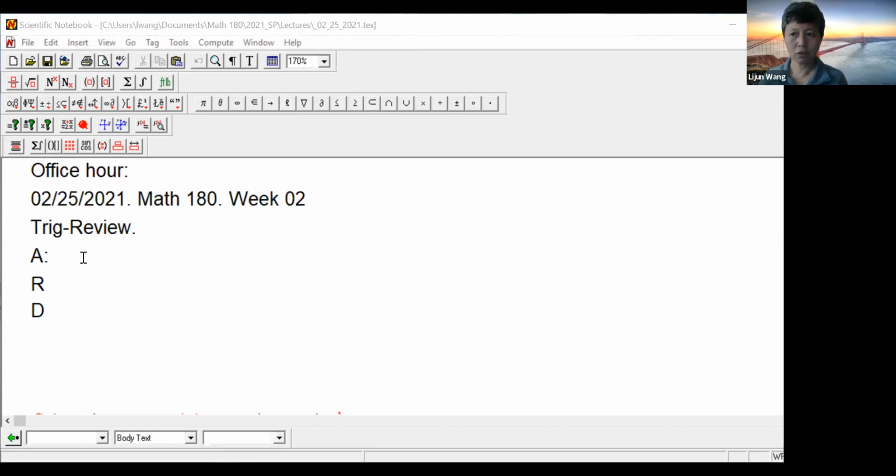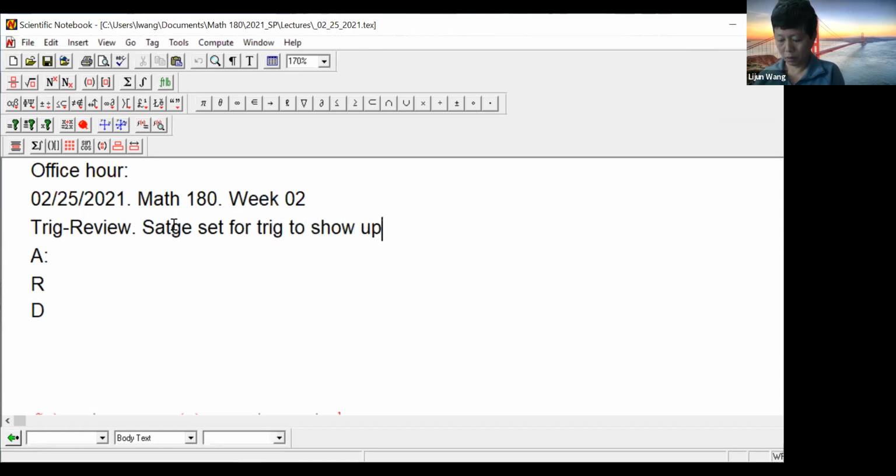Okay, so that's the definition. But first, I'm going to tell you what A is. There's a whole stage set for trig functions to show up. Trig functions are the stars, and before they come, the stage has to be set properly.